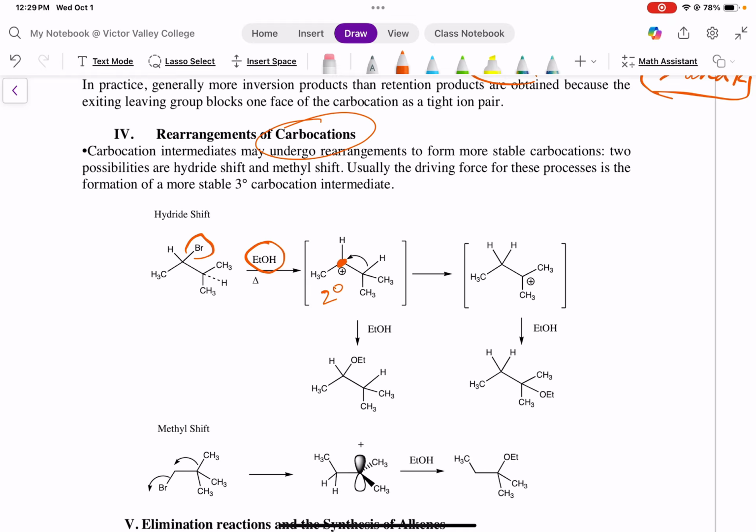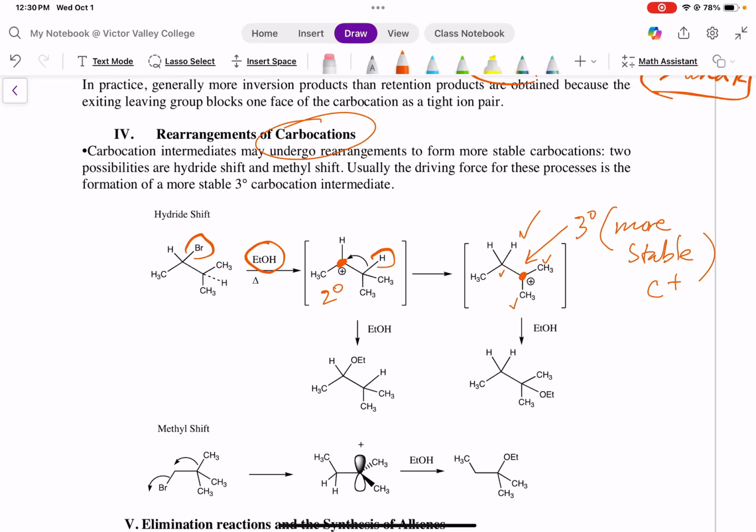What happened is the hydrogen on the carbon next door moved to it. There you go, leaving the carbon next door missing a hydrogen, so it becomes positive, and that's a tertiary because it's bonded to three other carbons. That's a tertiary. That's a more stable cation.